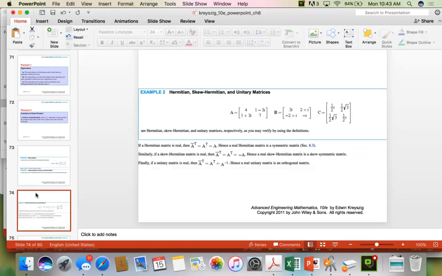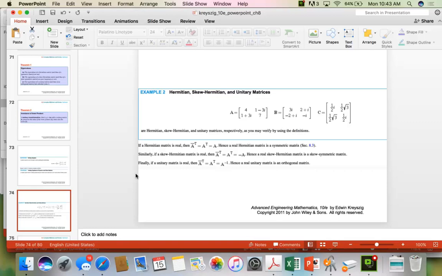So here are just some examples of Hermitian, skew-Hermitian, and unitary matrices. And just like with the matrices in the previous section, where we had symmetric, skew-symmetric, and orthogonal, we basically do the proof by checking the conjugate transpose against the original matrix and see if the following statements are true. And if they are, then that's the category under which the matrix falls.